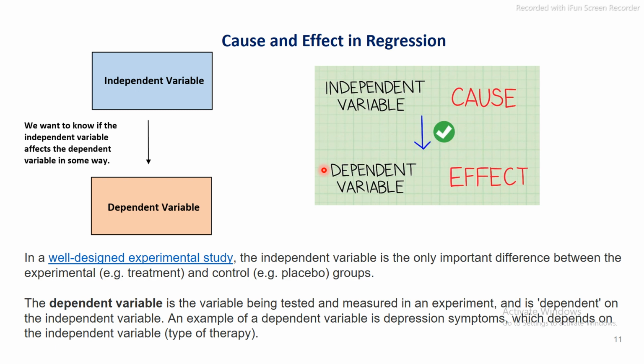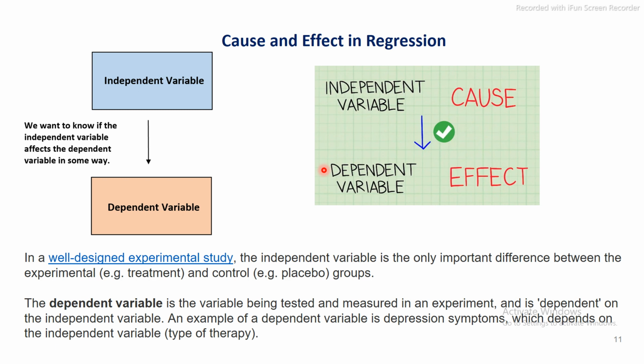So cause and effect is there. It's inbuilt in regression. That is why in the regression definition it was the effect of the contribution of the independent variable on the dependent variable. We are just trying to find out the cause and effect.